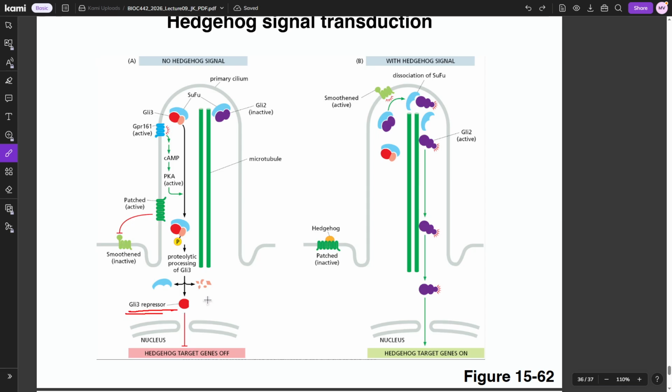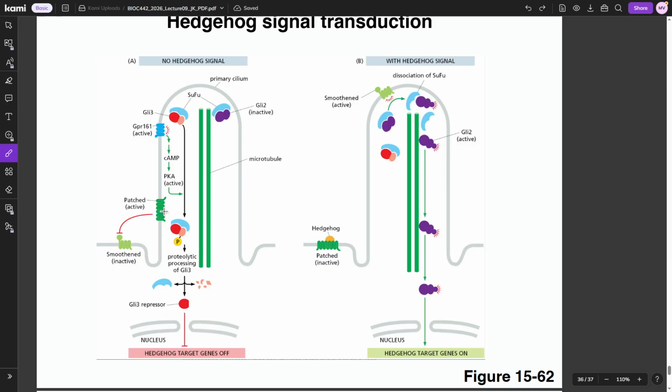The GLI repressor goes into the nucleus and turns off a bunch of genes that are involved in splitting, basically. So it promotes cyclopia, if you will. And so that makes sense.